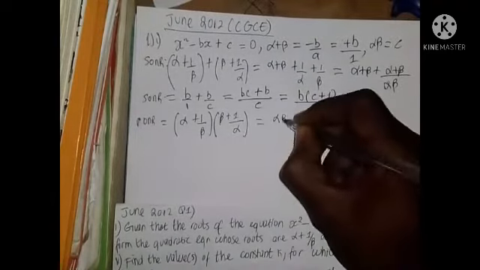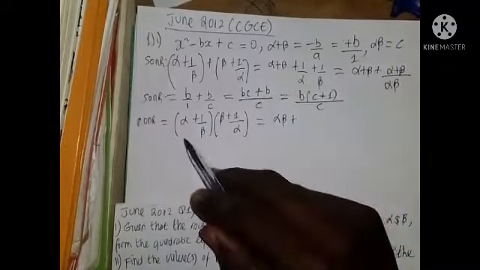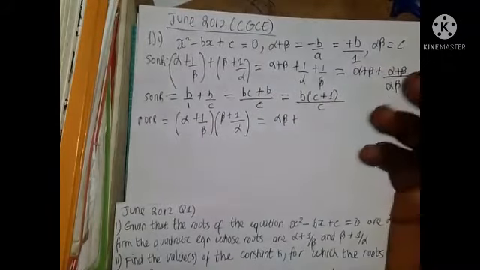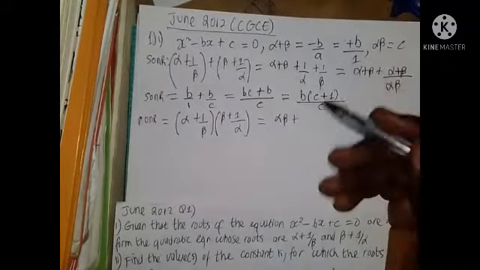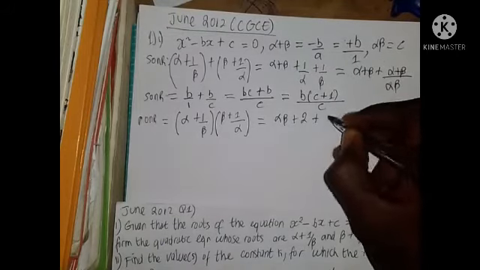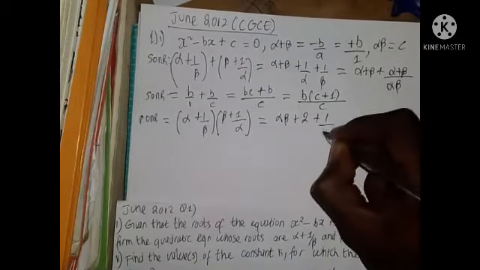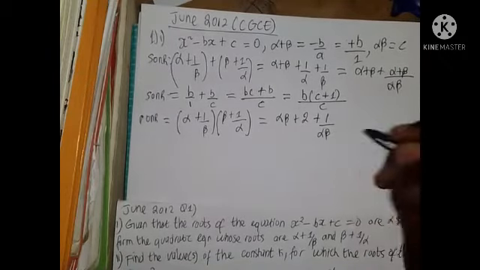So we have alpha beta plus, here we're going to have 1, here again is going to be 1, because alpha times 1 over alpha is 1, the alpha will cancel out. So we have 2 plus 1 on alpha times 1 on beta. At the end of the day, we'll have 1 on alpha beta.